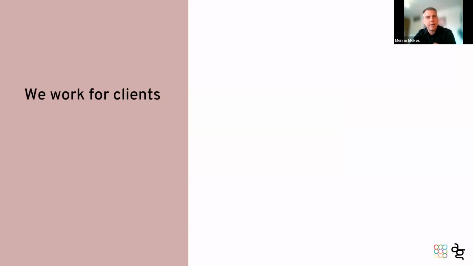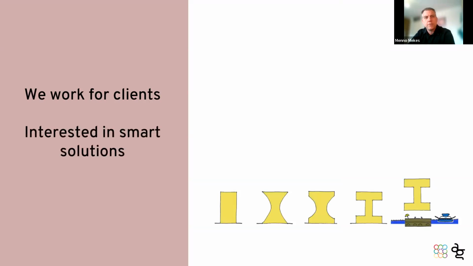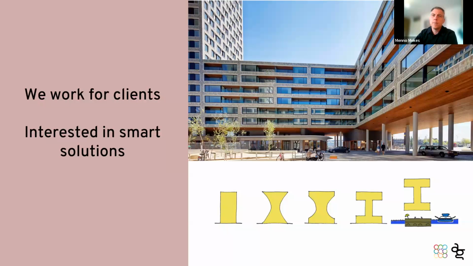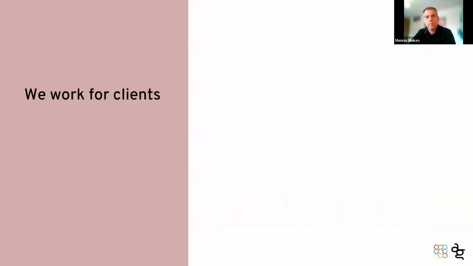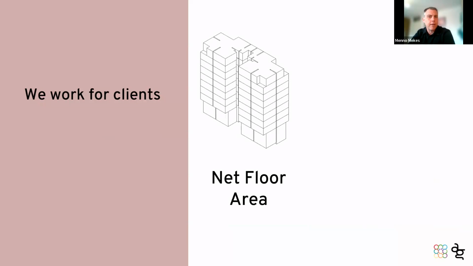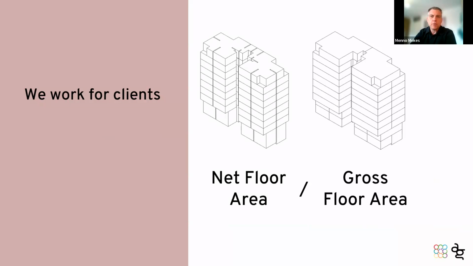We work for clients that are interested in smart solutions at building level, at floor plan level and at detail level. We work for clients that sell net floor area, but need to build gross floor area in order to cash in on their investment.